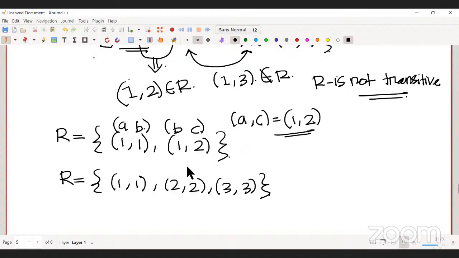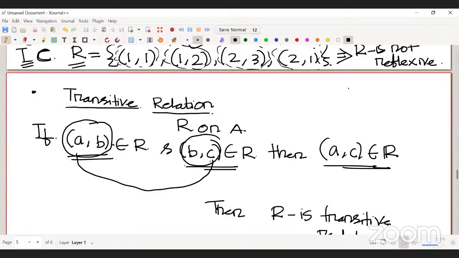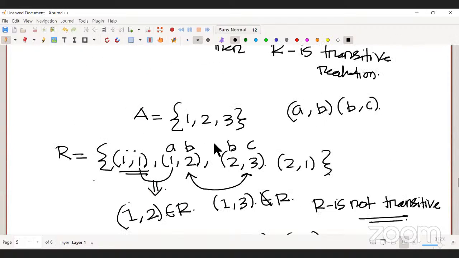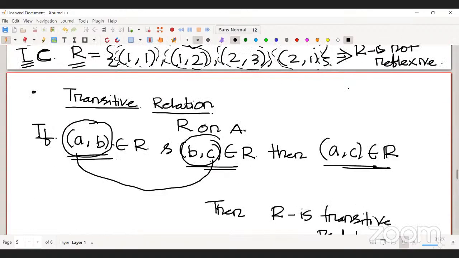Because see what the definition says: if A comma B and B comma C are in R, then only I need to check whether A comma C is in R or not. But here I don't have this kind of pair.